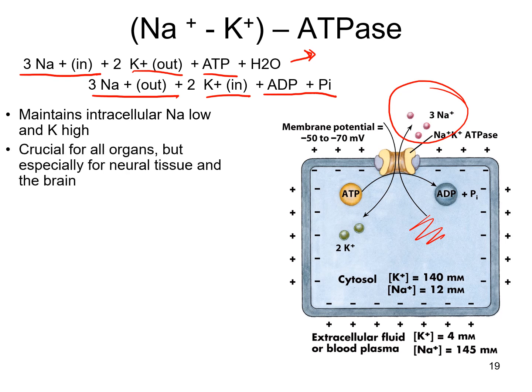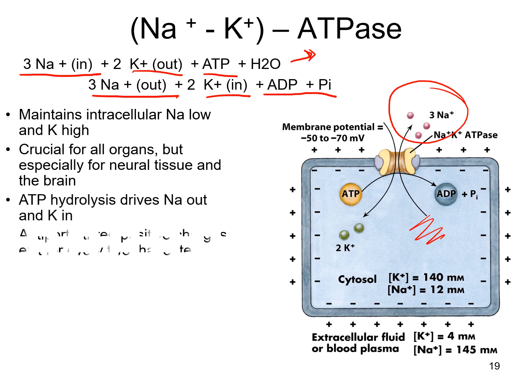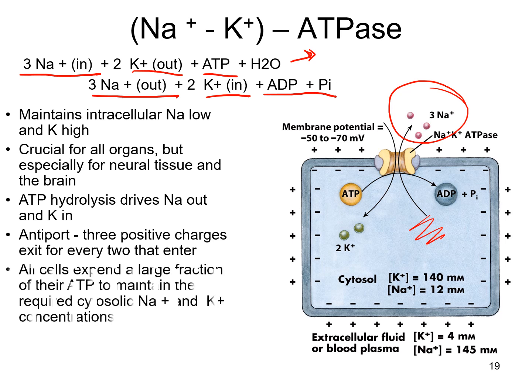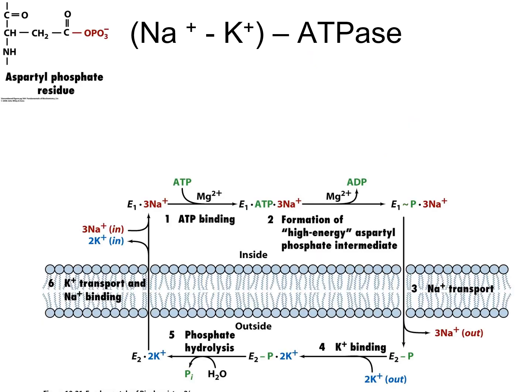It's crucial for all organs, but especially for neural tissue and the brain. ATP hydrolysis drives sodium out and potassium in. Since they're moving 2 different metabolites in opposite directions, this is an antiporter. 3 positive charges exit for every 2 that enter. All cells expend a large fraction of their ATP to maintain the required cytosolic Na+ and K+ concentrations.